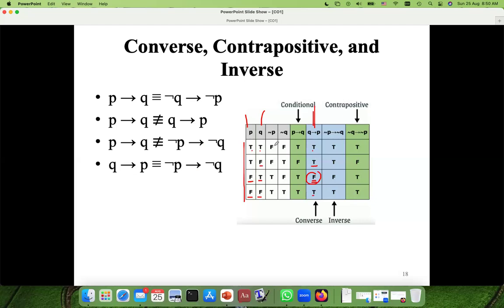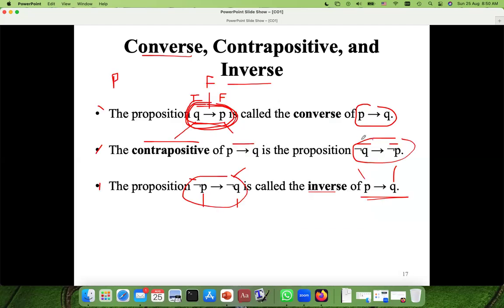Anyhow, now in the next, if you want to calculate the value for negation Q implies negation P, what is the first thing that you have to do? You have to find negation Q and negation P first, and then you can find this implication. You must find the values for negation Q and negation P first, and then you can find this implication arrow.